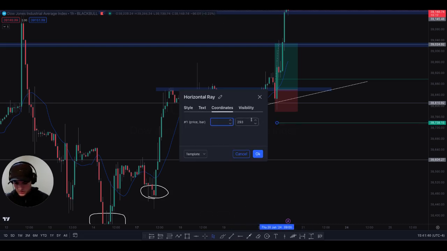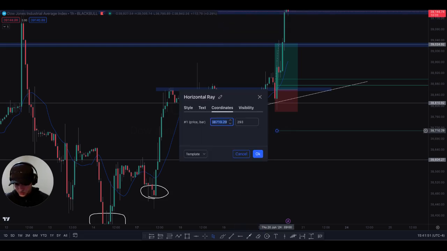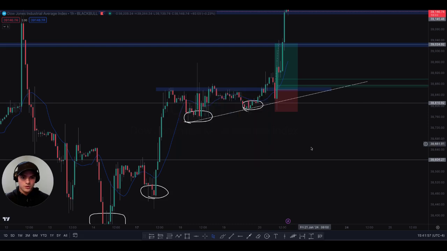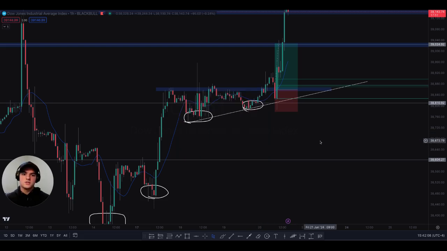Second position was 38,877. Second position, there's a little gap there. Third position was 38,871, couple points below. And the last position was 38,828. And this was the last position, right?